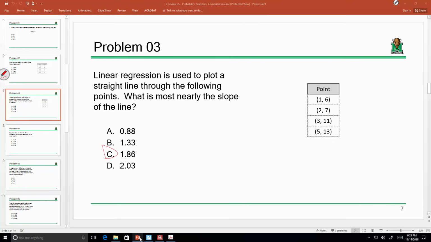The slope is the division of those two. So it's a pretty involved calculation. It's not hard, it's just long. Does anybody have any questions about this?